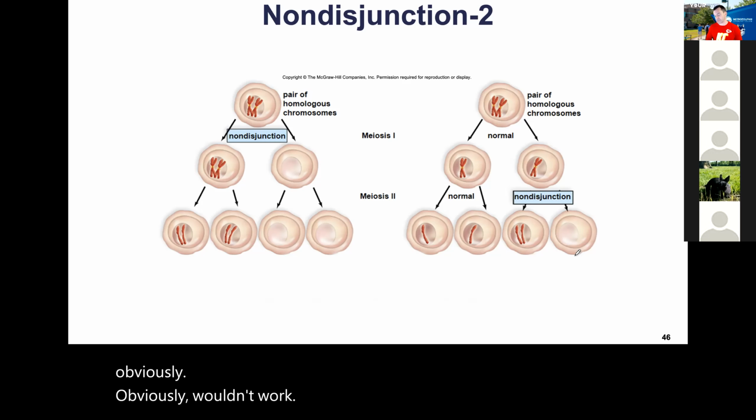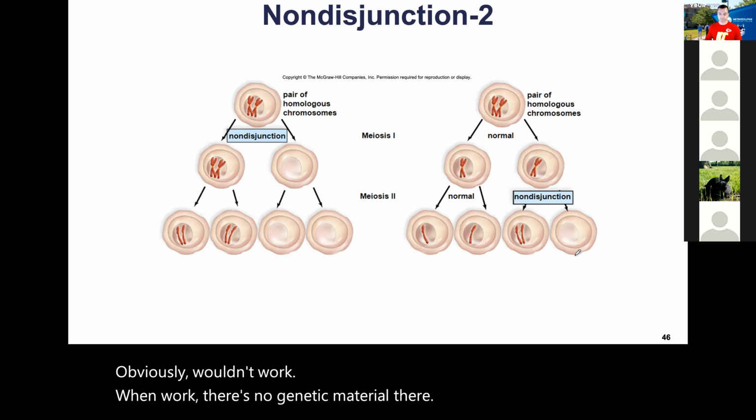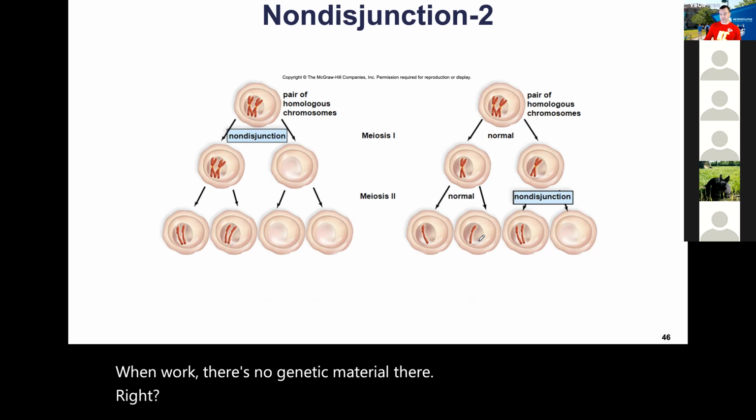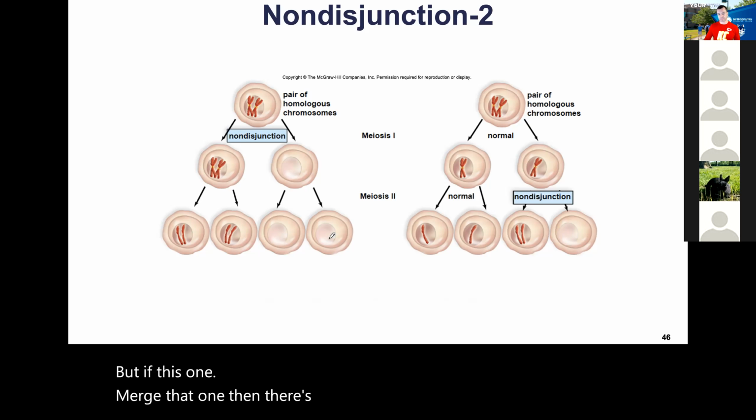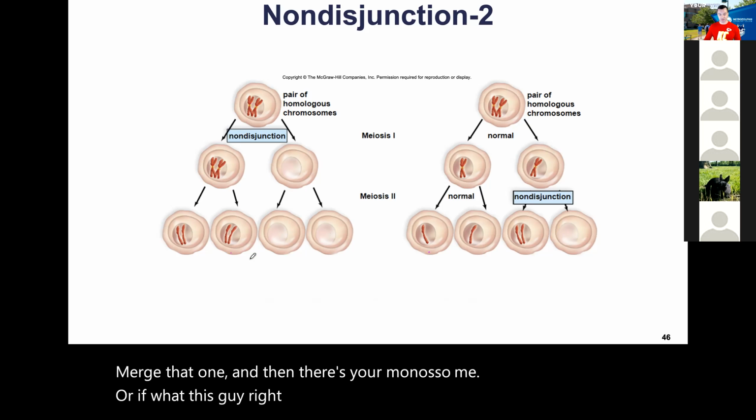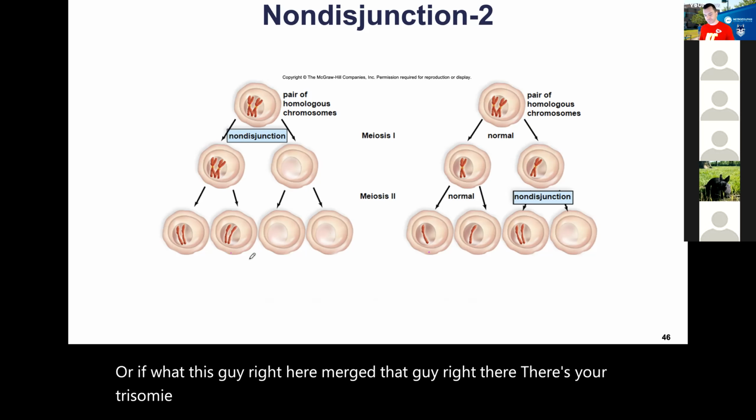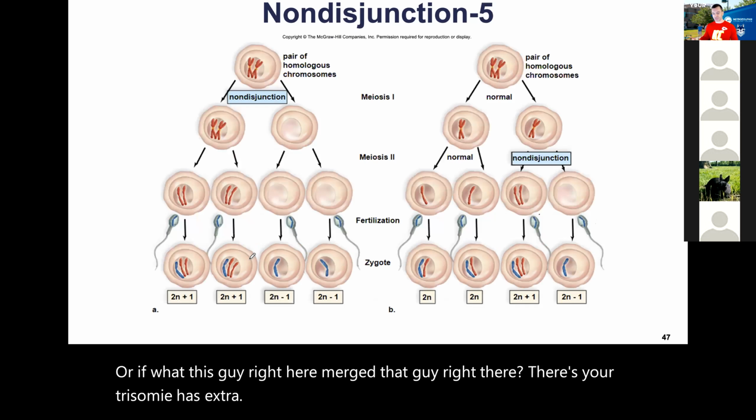There's no genetic material there. But if this one merged with that one, then there's your monosomy. Or if this guy right here merged with that guy right there, there's your trisomy. Has extra. And that's what they're trying to show you here.